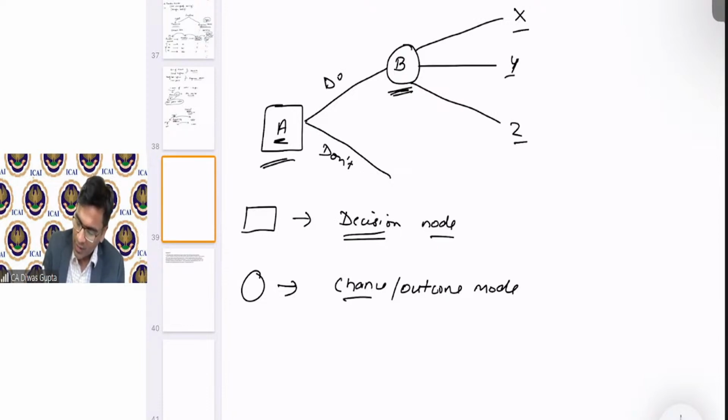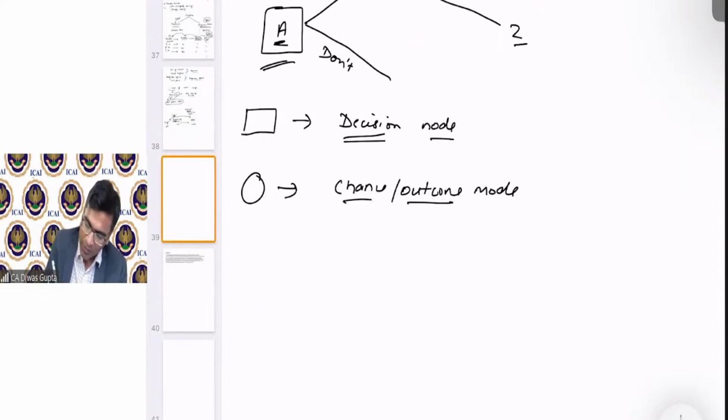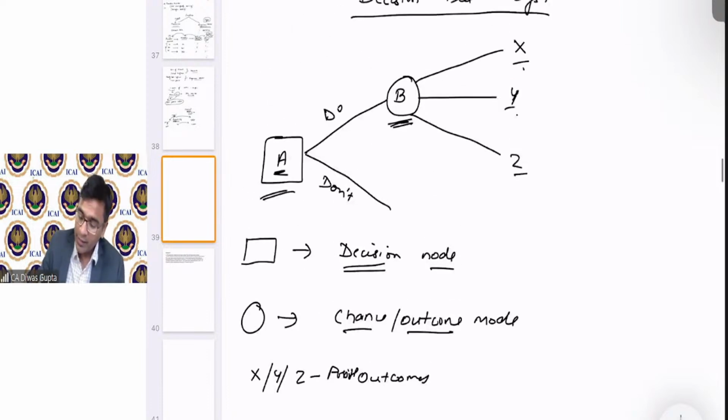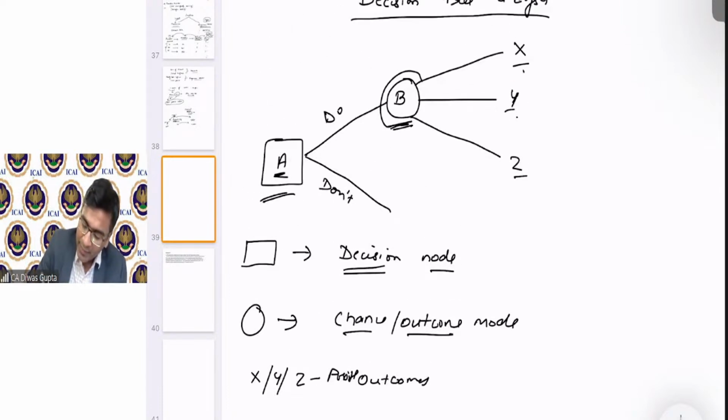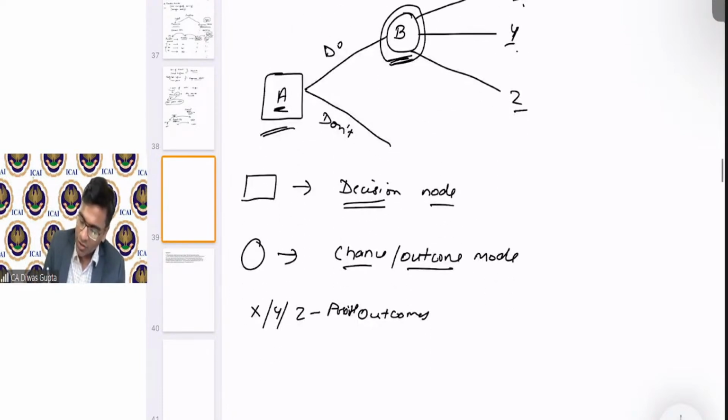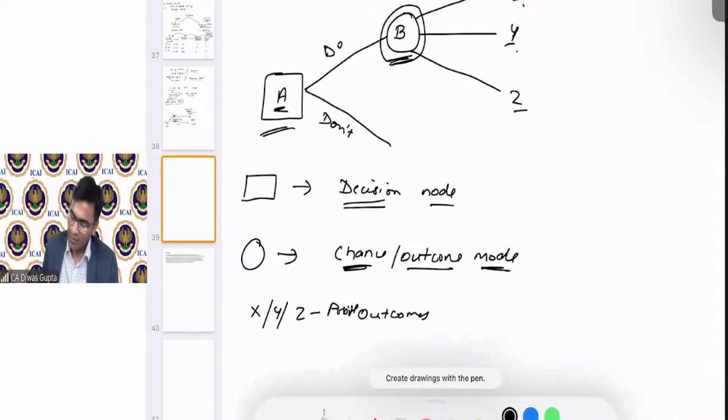So these are three different chances, right? X, Y, and Z are the possible outcomes. But B here, this circle, is called a chance node, beyond which there will be an outcome. I can mention it like this.